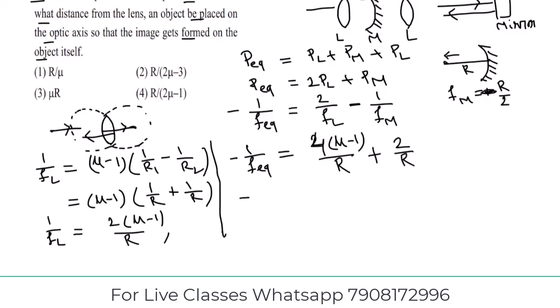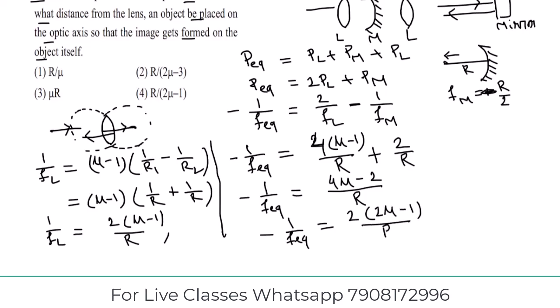Taking r as LCM, it becomes (4 mu minus 4 plus 2) by r, that is (4 mu minus 2) by r. Taking 2 as common, minus 1 by f equivalent is equal to 2 (2 mu minus 1) divided by r.